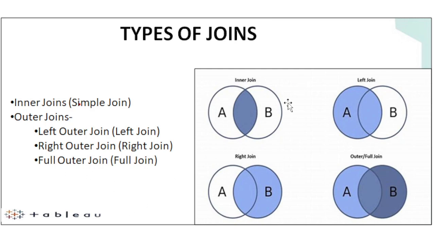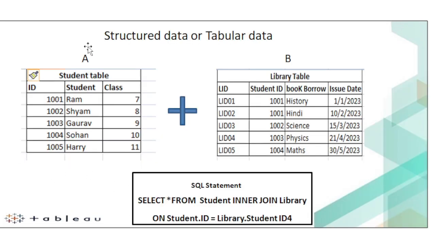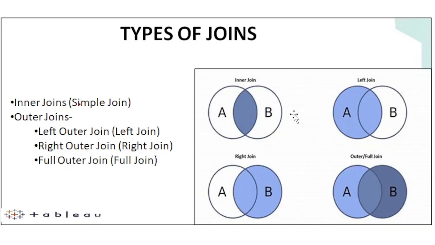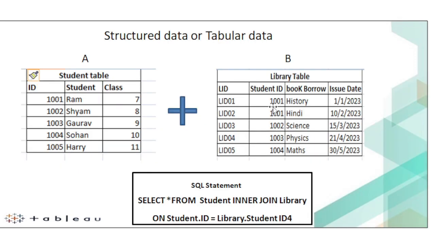Like we have two tables, we consider this table as A and this table as B. After applying inner join, we have the data from both the tables, but only the mutual, common data. If you are joining on the basis of these IDs, we have only those IDs which are common in both the tables.